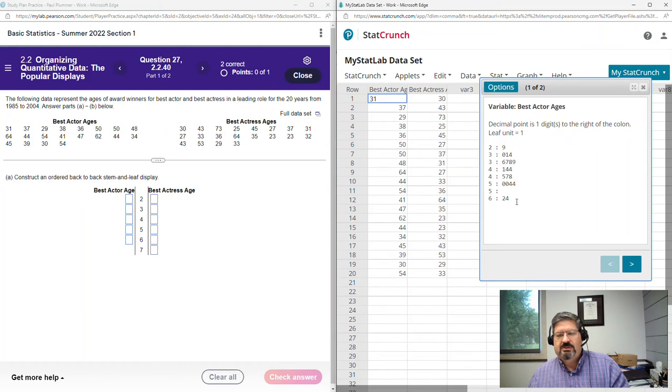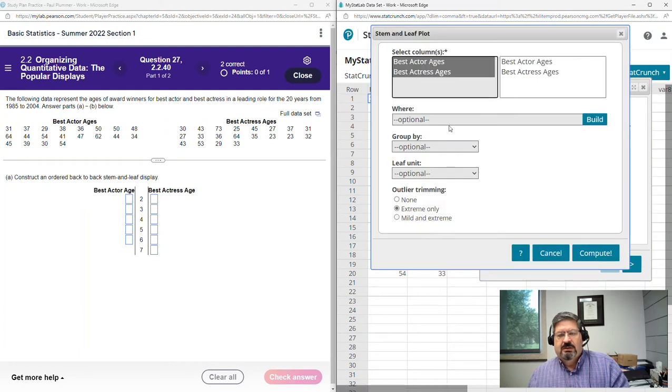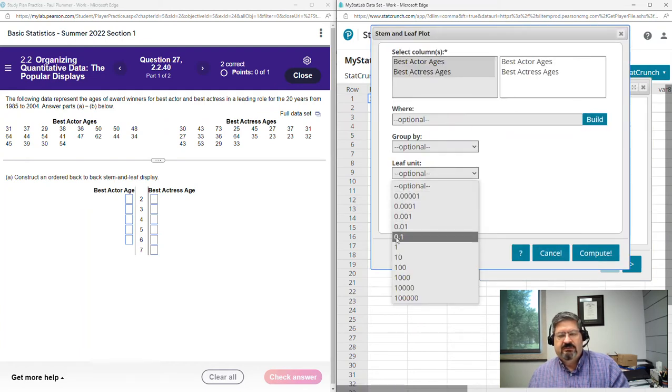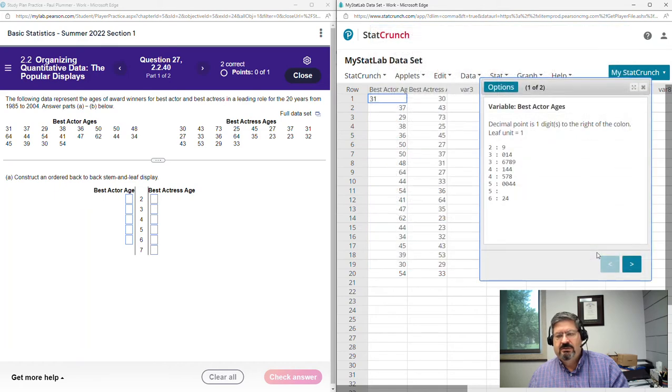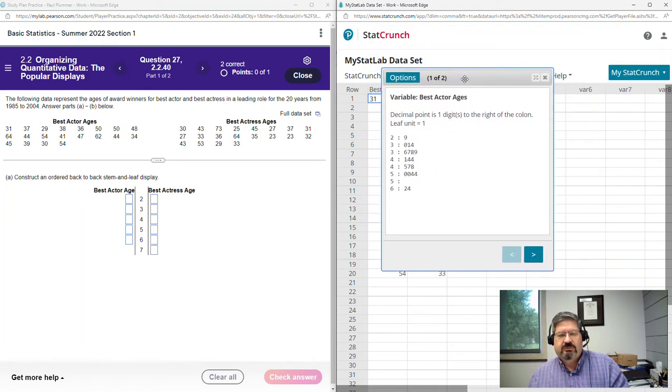Compute, and here's our data set. Let's just see if we were to go the other way and specify leaf units of 1, it still went ahead and split it. So we have no control over whether it's going to give us all of the leaves together or whether it's going to use the split version.